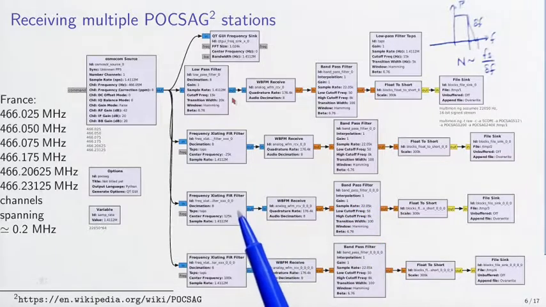Each one of these frequency translating FIR filters has a different NCO frequency offset here, which defines which channel is being analyzed. So let us run this flowchart to see how we can decode multiple POCSAG channels.